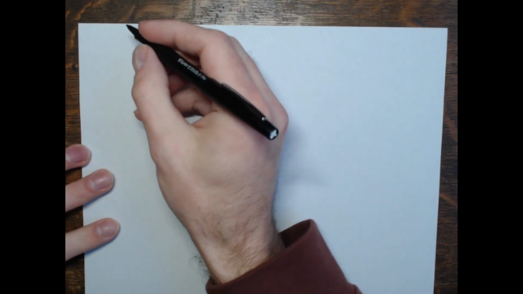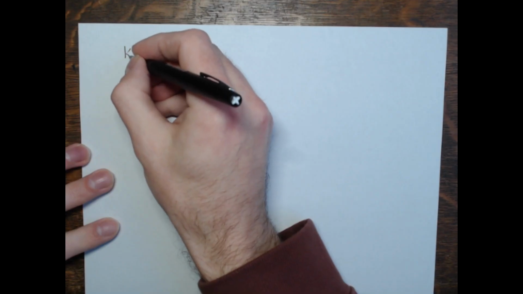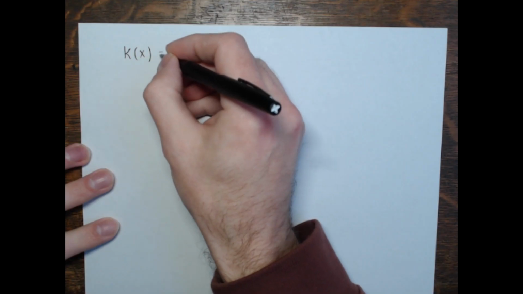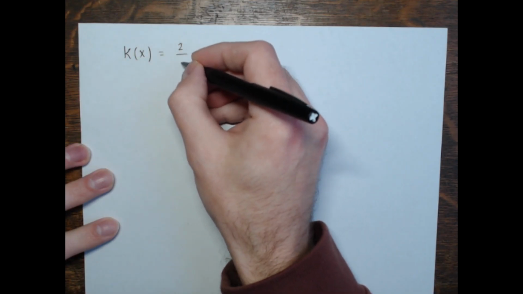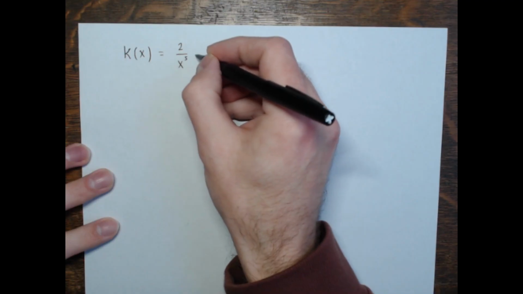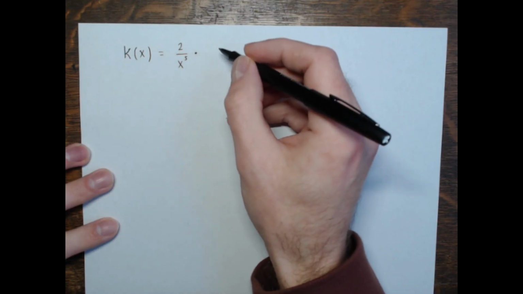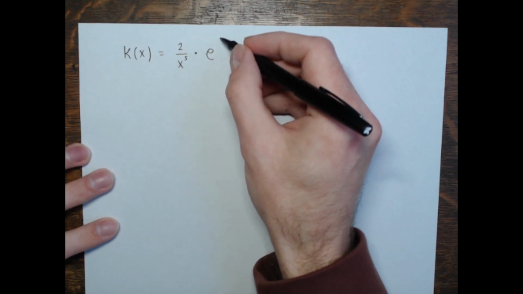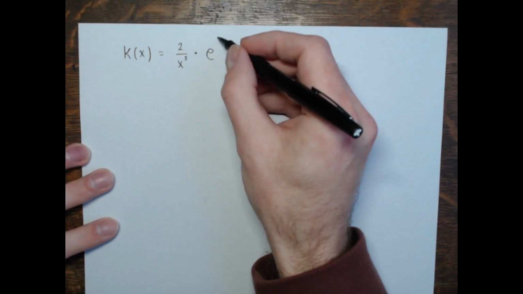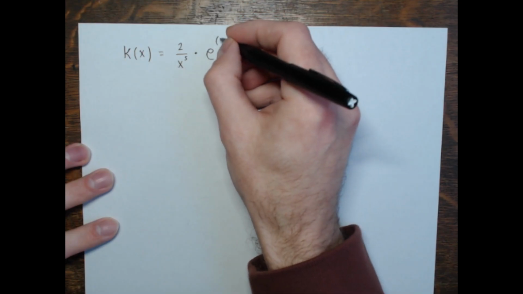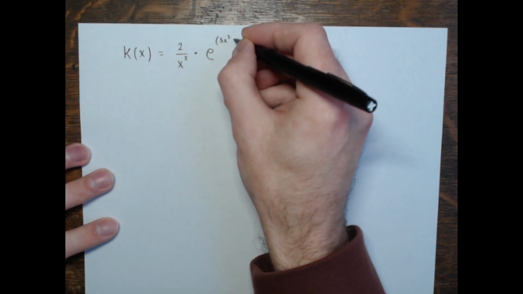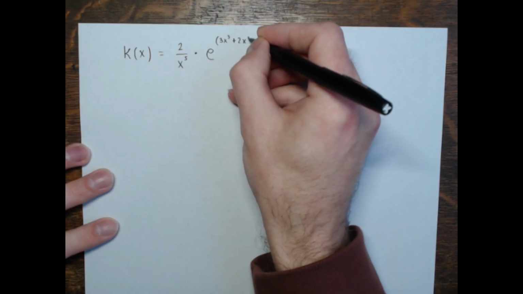So here's what I'm given in this problem. They're saying this function called k of x is 2 divided by x to the 5th times an exponential, e raised to some power. That's not just x though, right? I'll put in parentheses, this is the 3x cubed plus 2x squared power.